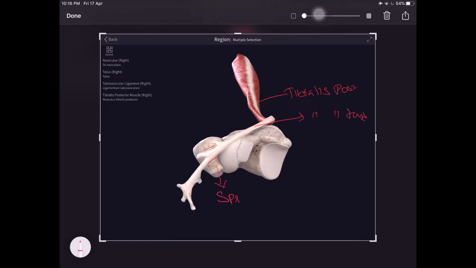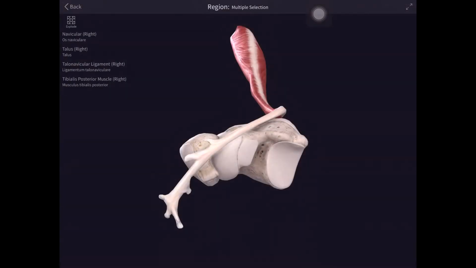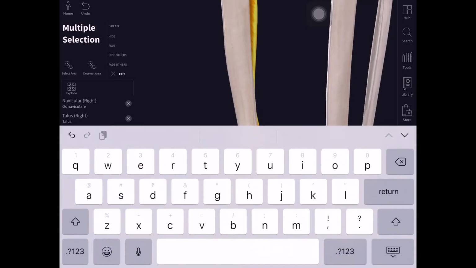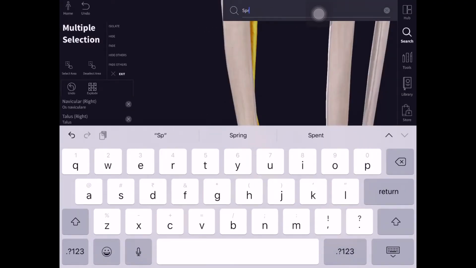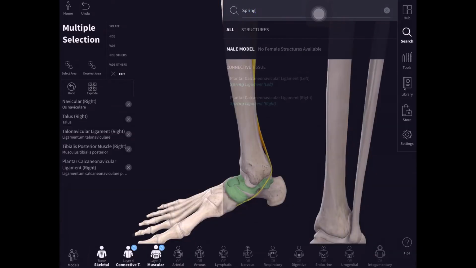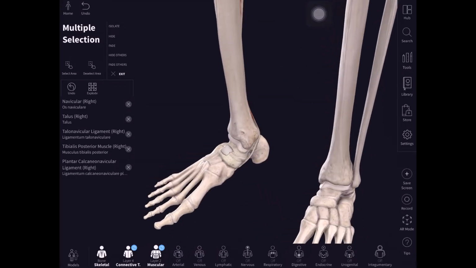Now this lateral part is giving attachment to the spring ligament. So let us see the spring ligament in the lateral part. It is also called plantar calcaneonavicular.